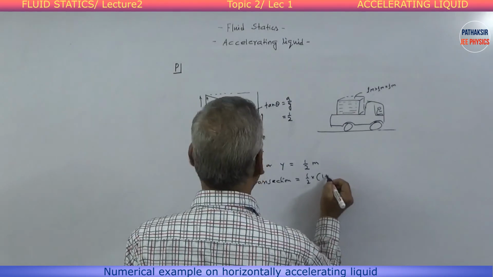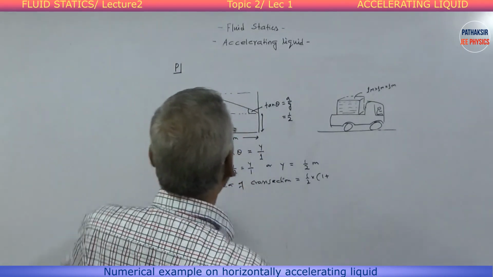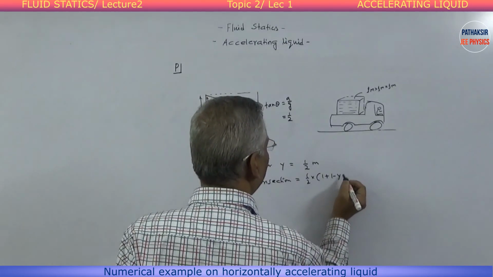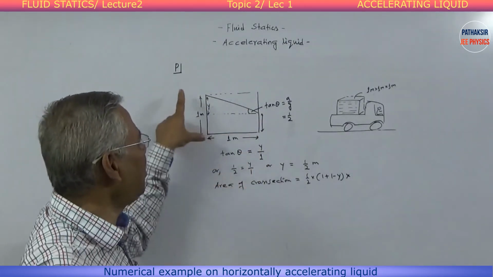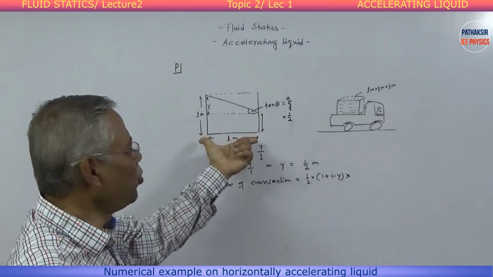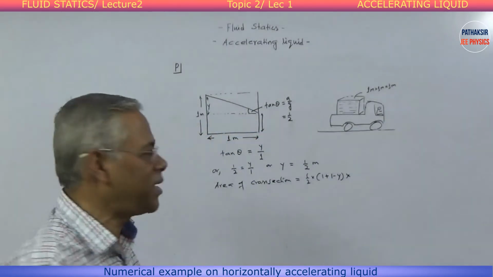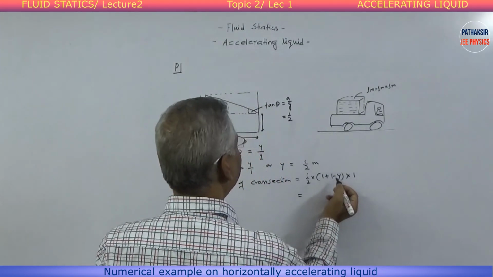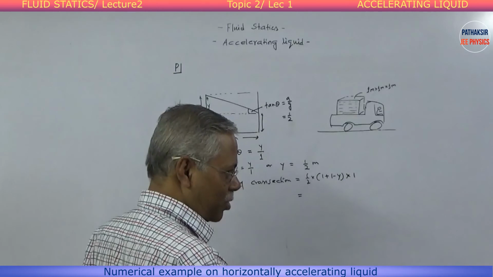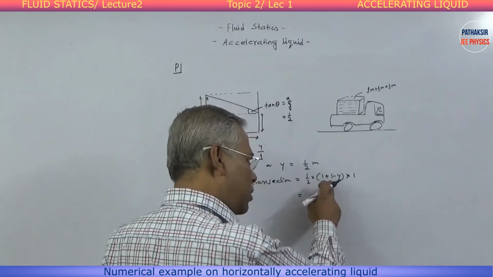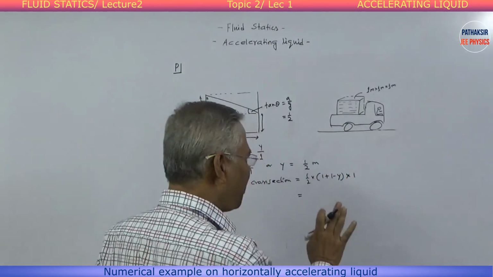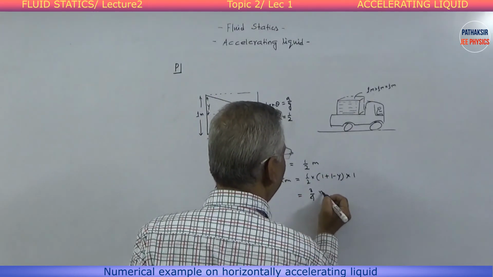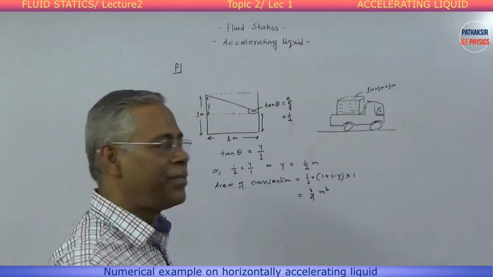Parallel sides are 1 and 1 minus y, into the distance between the parallel sides, which is 1. y is half, so 2 minus half is 1.5, giving 3 by 2 times half, which is 3 by 4 meter square.